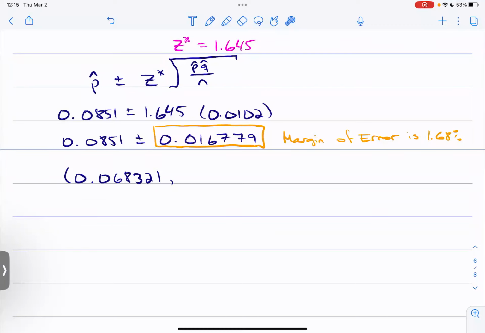The value is this, but we add and subtract the margin of error. Although it's flexible. It's implicit. So sometimes if I said plus minus 1.68%, then you know that's the margin of error. But the value itself is the margin of error. The whole idea of margin of error is that you have this value and you're going above. That's your buffer part. You're just moving out a little on either side.